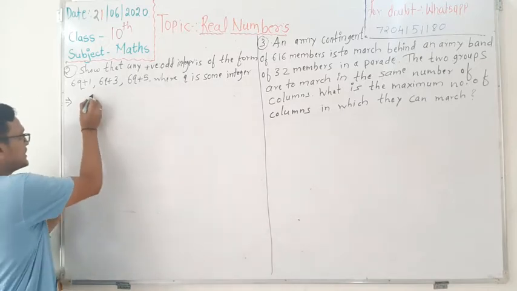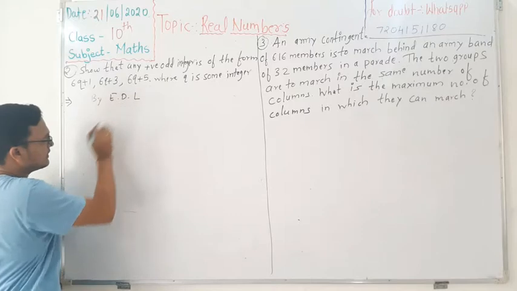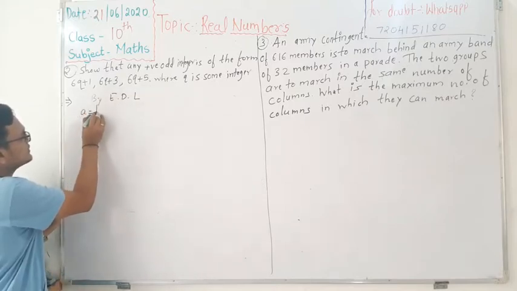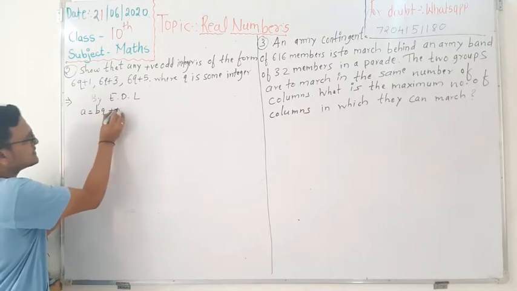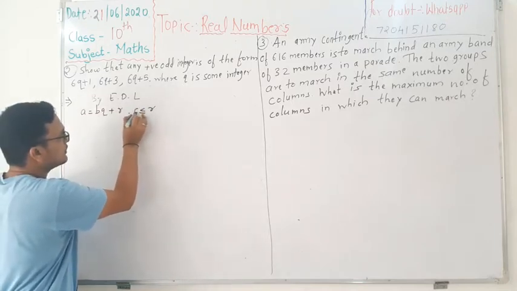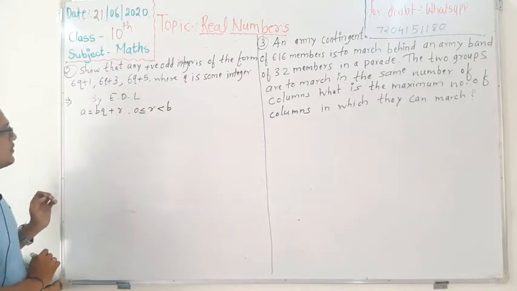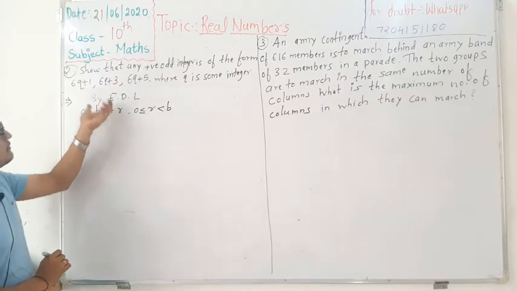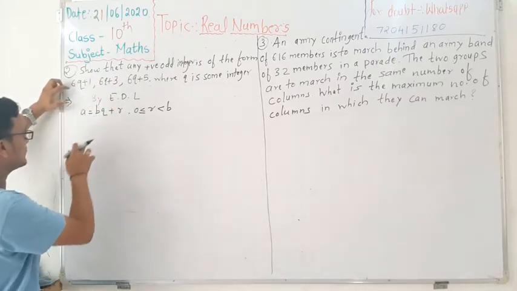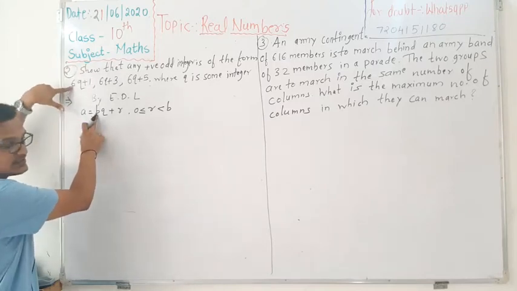So I will write the statement. So by Euclid division lemma, the statement is A is equals to BQ plus R, where R is greater than or equal to 0 and R is less than B. Okay. Now if you compare this statement with this given question, see here BQ plus R, here 6Q plus 1. So in the place of B, we have the digit 6.